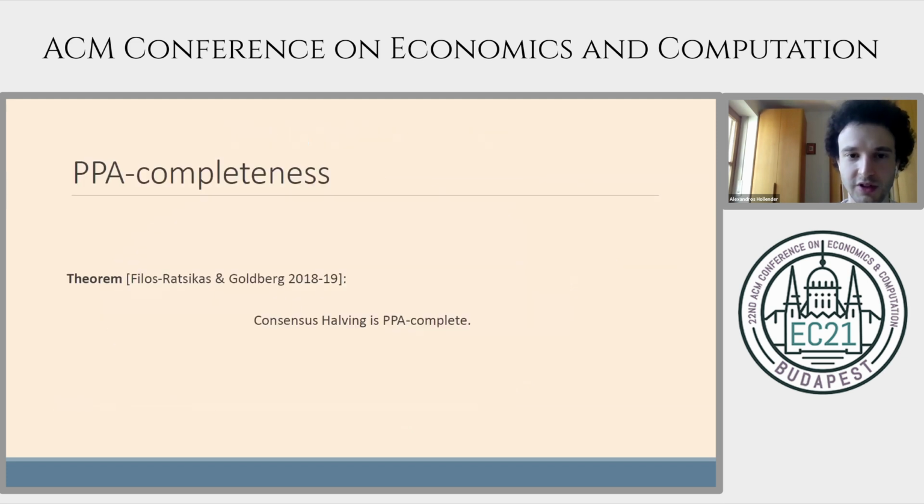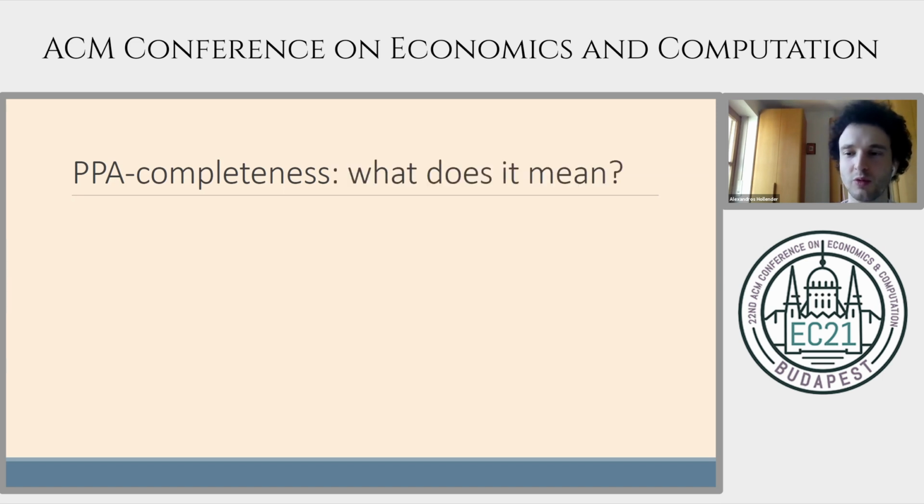So a few years ago, a breakthrough result by Filos-Ratsikas and Goldberg showed that the consensus-halving problem is in fact PPA-complete. So it is complete for this class associated to Borsuk-Ulam. Let me just take a minute to explain what PPA-completeness means. What should it mean, the fact that the problem is PPA-complete?